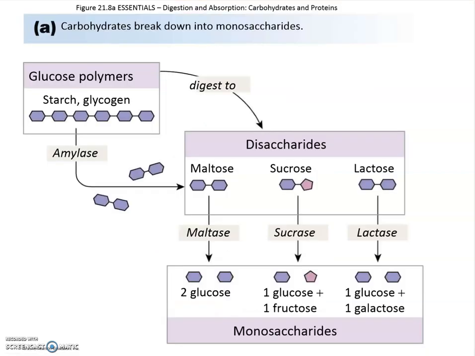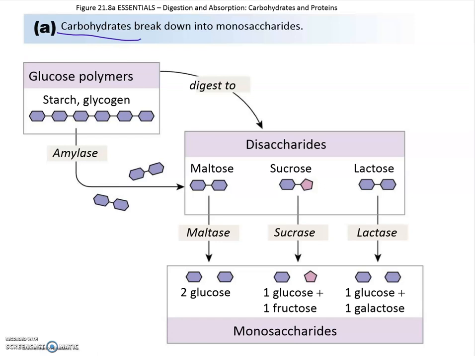Now let's take a look at how these food items are actually digested in your gastrointestinal tract. So let's start with the carbohydrates. We have polymers of single sugars or simple sugars. And so we have starches such as glycogen, potato starch, cornstarch, you name it.